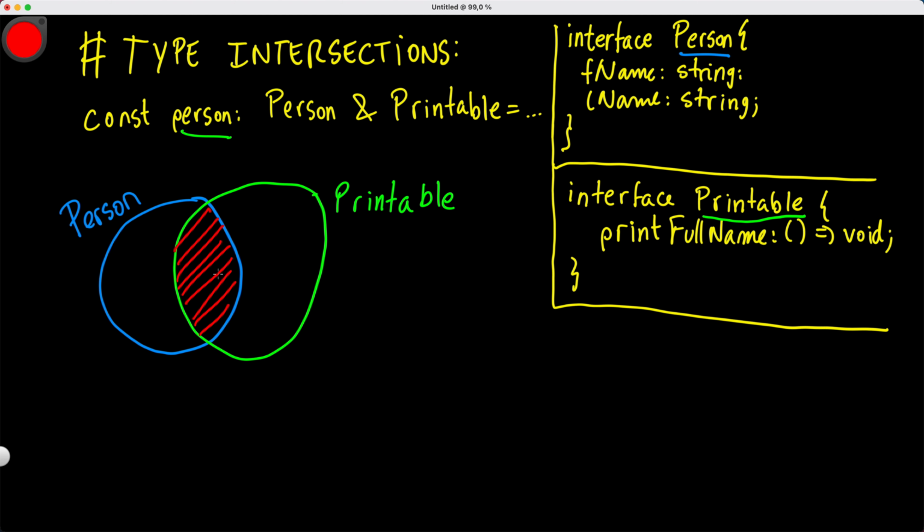So now it is going to be only the set of objects that lie within this intersection between the two type universes. Now, this is from the type perspective. This means that only the objects which contain an fName, an lName, and the printFullName properties will be accepted as valid persons, right?